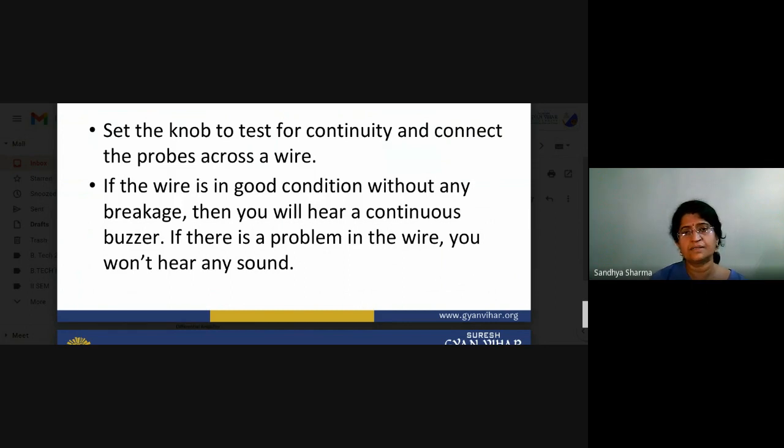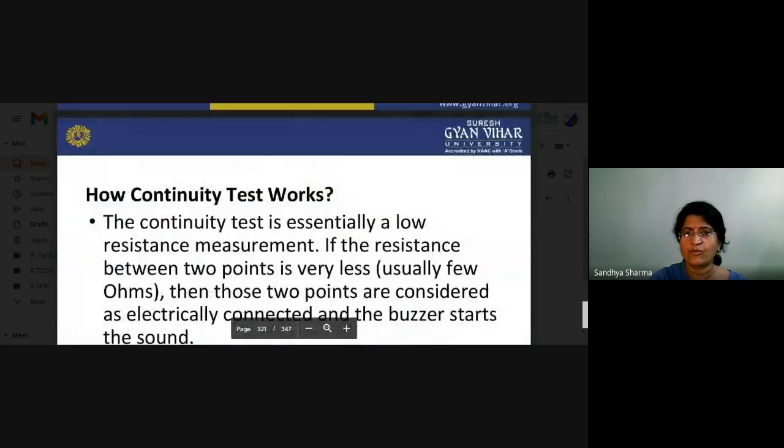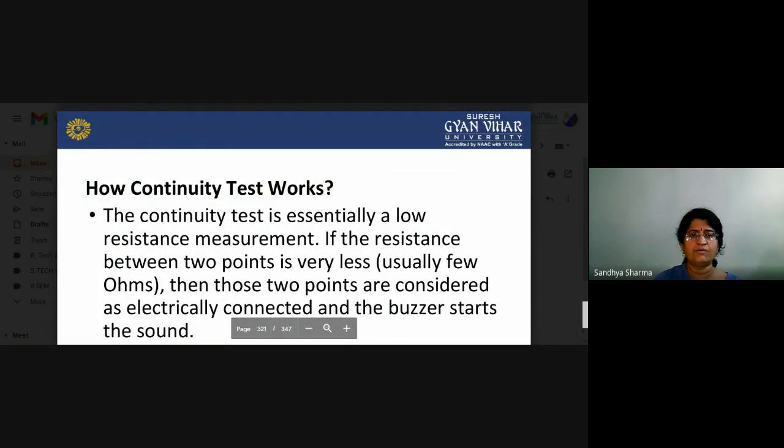That continuous sound means your wire is properly connected. If there is any problem in the wire, you won't hear any signal. So the continuity test is essentially a low resistance measurement, and if the resistance between two points is very small, a few ohms, then these two points are considered electrically connected and the buzzer starts to sound.